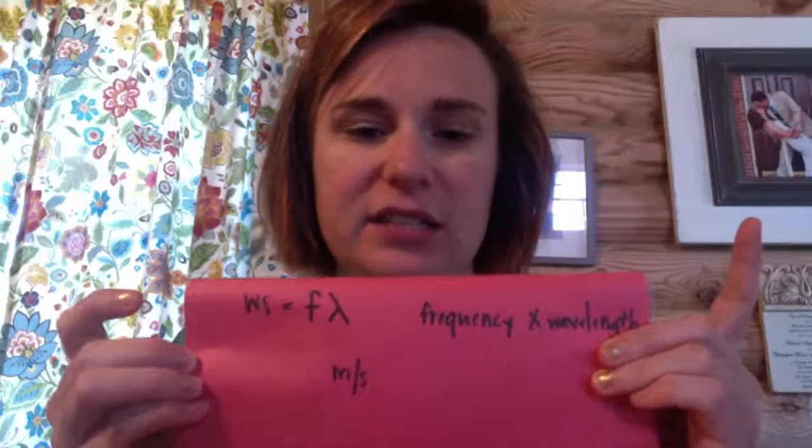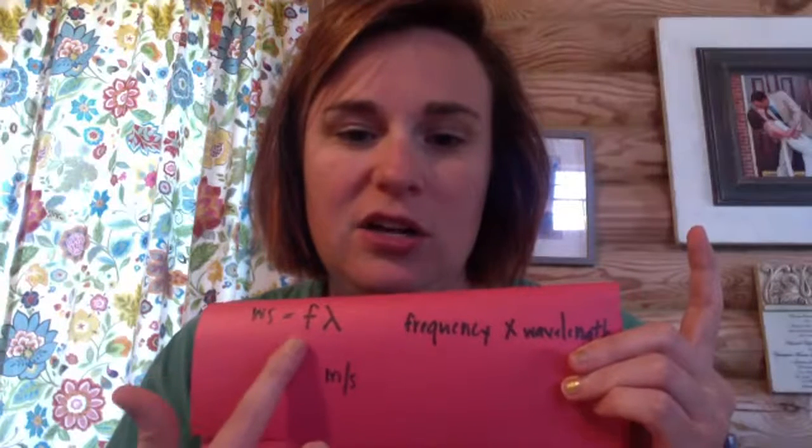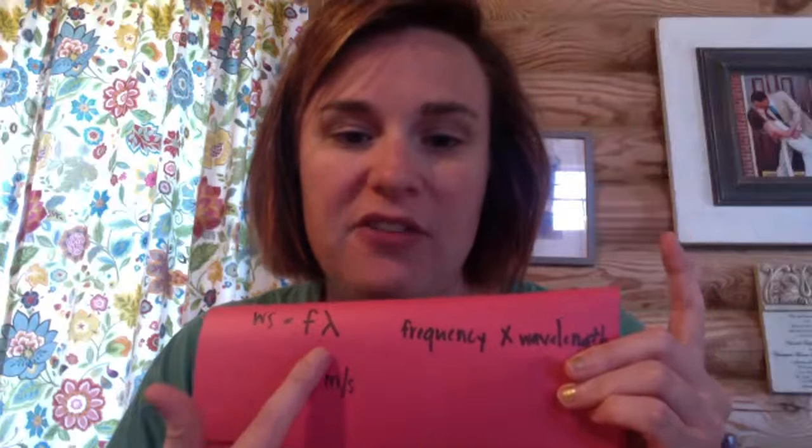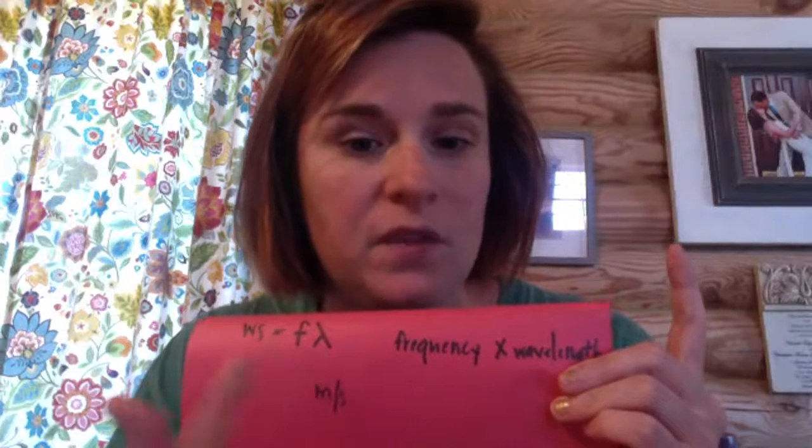All you have to do is plug it in, and it is frequency times wavelength. Frequency times wavelength. Your book may show you your little symbol for frequency is f, and then lambda is the symbol for wavelength. We're going to measure that in meters per second. So you just plug it in and you're good to go.